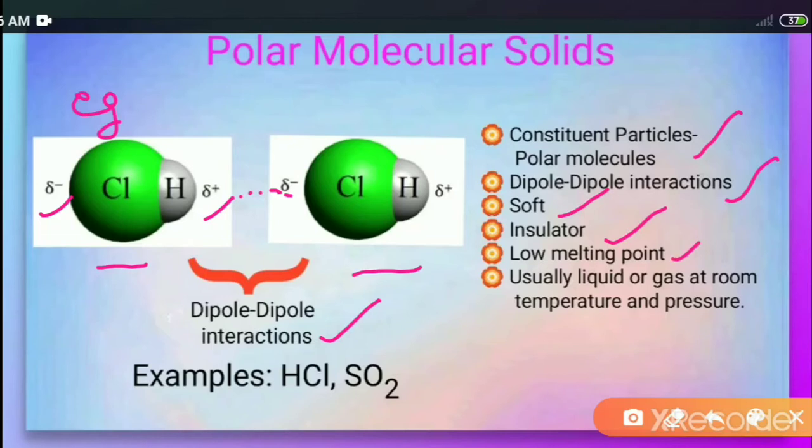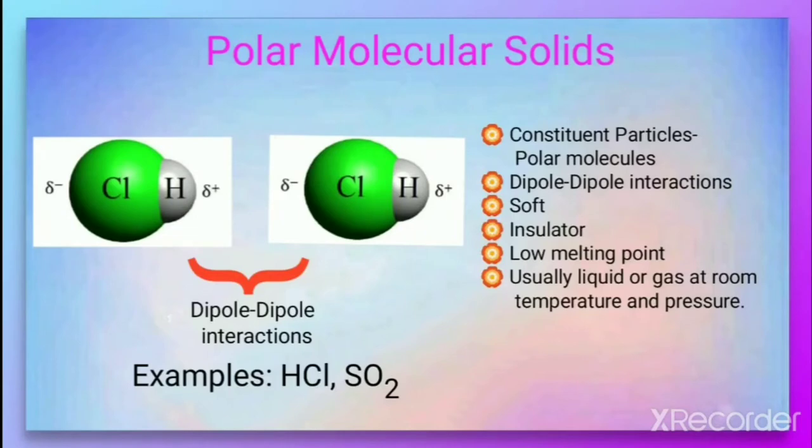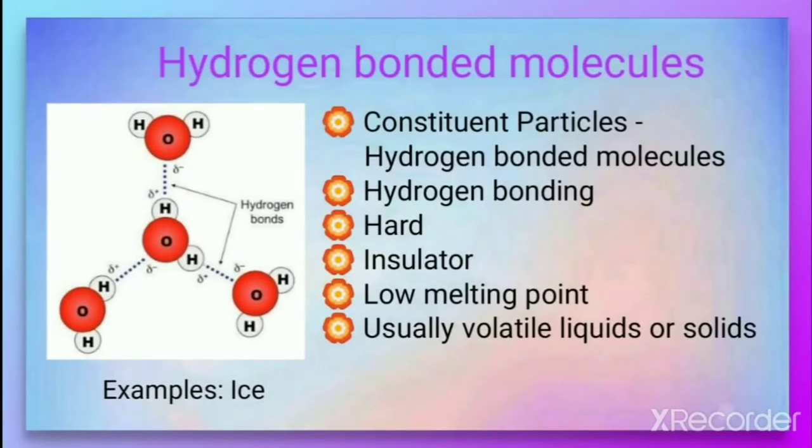They have low melting point, and usually they are liquid or gas at room temperature and pressure. Their examples are HCl, SO2, etc. So that is the polar molecular solids. Next is hydrogen bonded molecules.